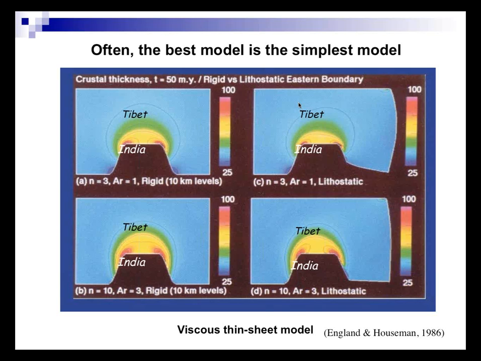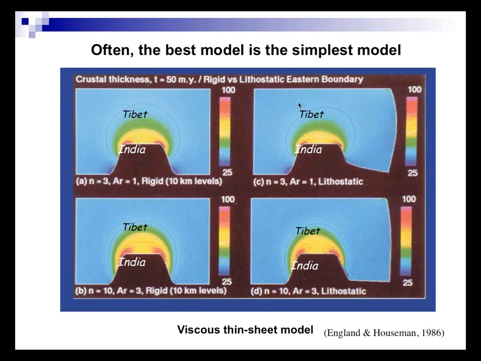One thing you can see is that these are the thickened layers. So one thing this model says is that the collision is mainly accommodated by crustal thickening. And that explains why the crustal thickness in the Tibetan Plateau is roughly twice as thick as the surrounding regions.